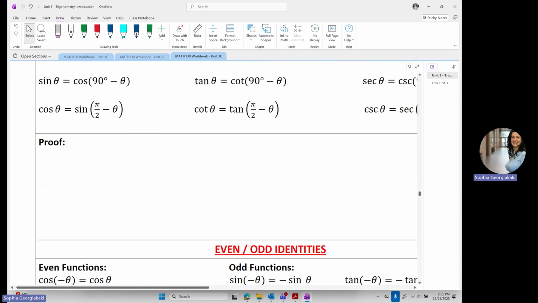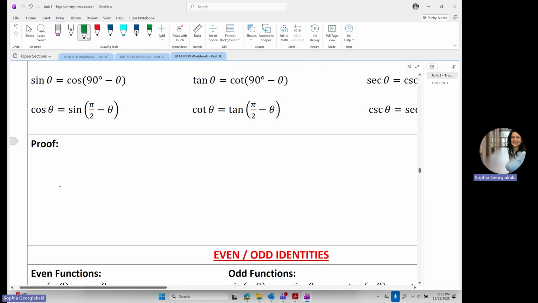So when you have a right triangle and you have an angle theta here, the other acute angle, let's call it phi, is the complementary of theta. It's equal to 90 degrees minus theta, or pi over 2 minus theta, depending on whether you have theta in degrees or in radians.